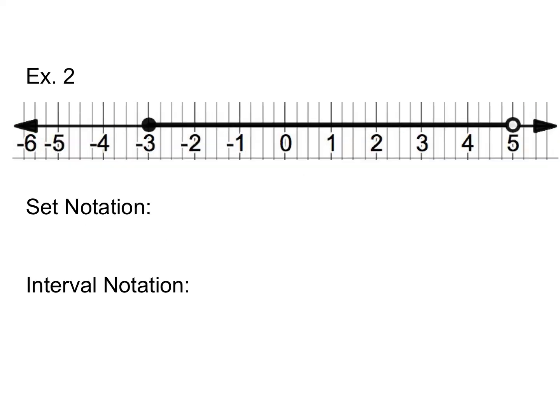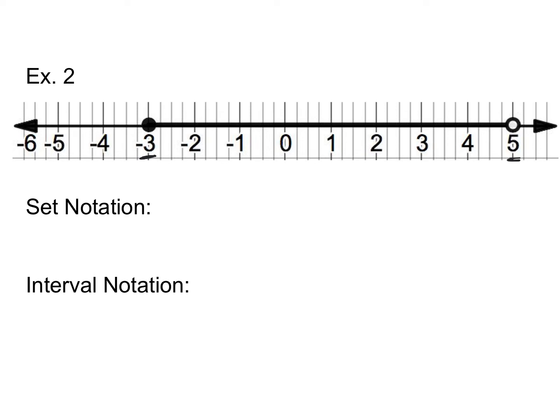Example 2. In this case, we have the shaded region in between the two given numbers, which are -3 and +5.